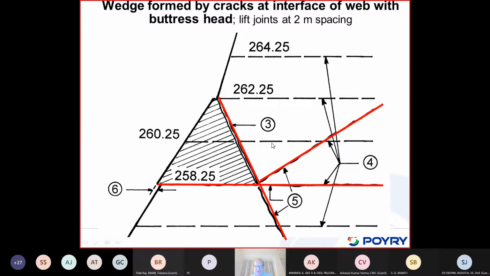And as shown here on this dotted line, these are the lift elevations. Typically they use 2 meters, and you can clearly see we have a crack along this lift elevation, and we have a crack along this interface. It's also a cold joint between the web and the head of this buttress.